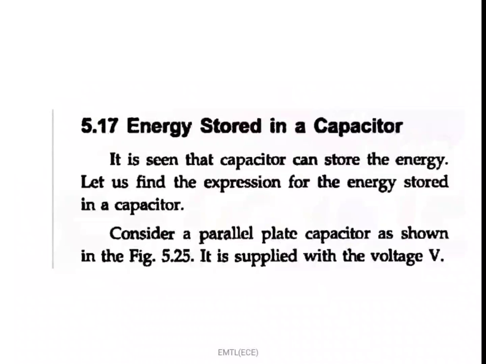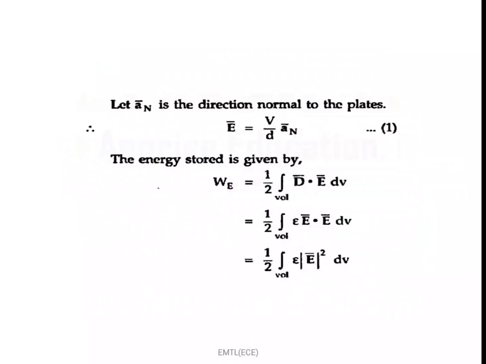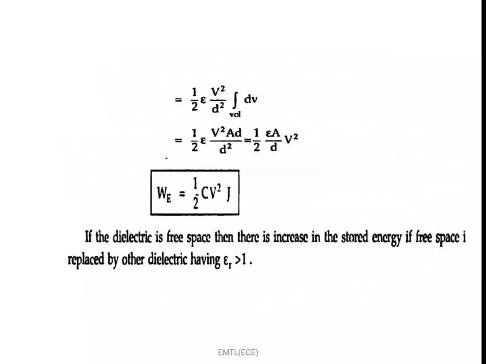And also in this session we discussed the energy stored in a capacitor. Energy stored in a capacitor is also known as work done to store the energy. The expression for the energy stored in a capacitor, taking the example of a parallel plate, is half CV square.